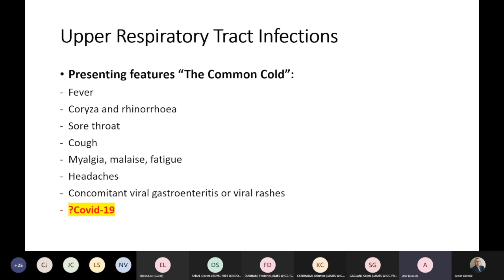But also, it's important to think about upper respiratory tract infections as often a prelude to conditions that can happen later on. And this is why it is important in primary care that we acknowledge that we only have a snapshot of the patient that we either review over the telephone or face to face. And so safety netting becomes all the more important.